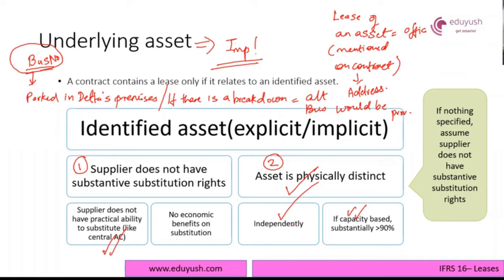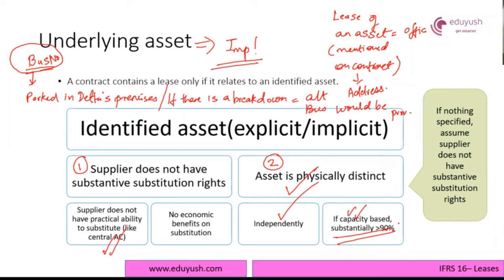Now, if the contract says that 95% of this pipeline gas will go straight into Delta's premises, then the standard says you can consider that to be physically distinct. But if the contract says that he can get 15%, 20% of the gas, then that is a capacity based contract, and you're not getting more than 90% of that outflow from that plant. So it cannot be considered to be an identified asset.